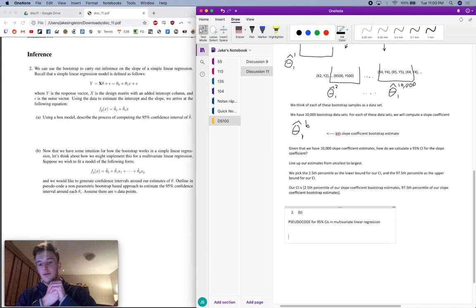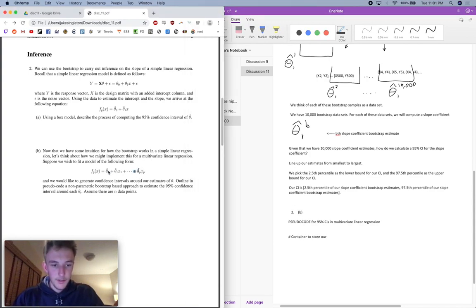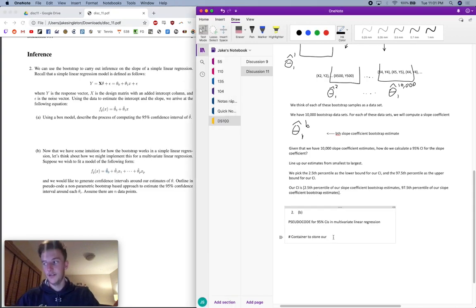Okay, so let's think about how we might want to do this. The first idea that comes to mind is we need some kind of container to store our theta i's.